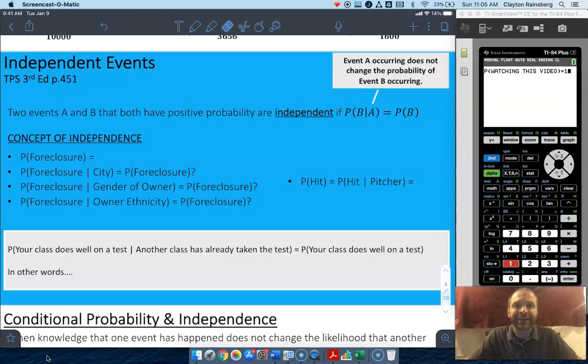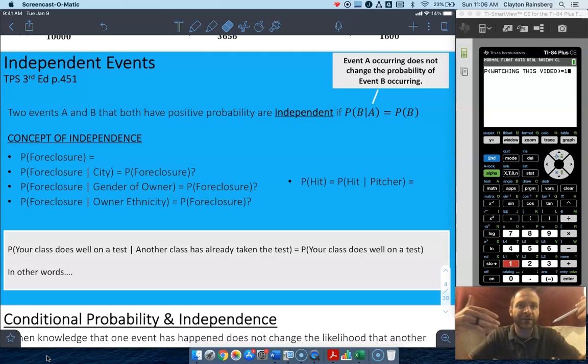So let's try this again. Event A happened, and I want to know what the probability of event B is after event A. If that's the same probability of just event B occurring all by itself, then they are independent. Event A did not influence event B at all. Now here's a basic idea with foreclosures.